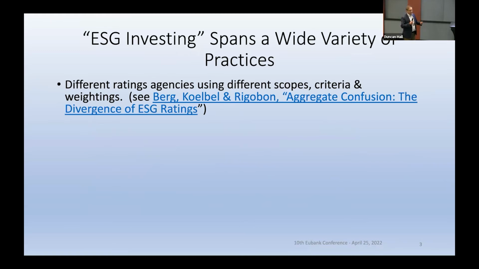There are 7 ratings agencies that basically do a very deep dive into companies and score them based upon their environmental, social, and governance characteristics, and a lot of sub-characteristics. And there's obviously a lot of correlation between these scores, but there's also a lot of difference in the way that they rate. This paper does a lot of statistical analysis on those scoring systems.